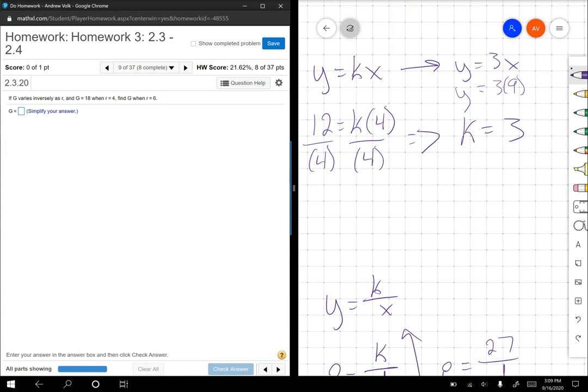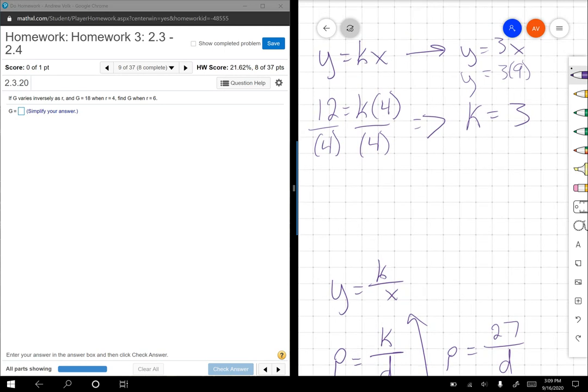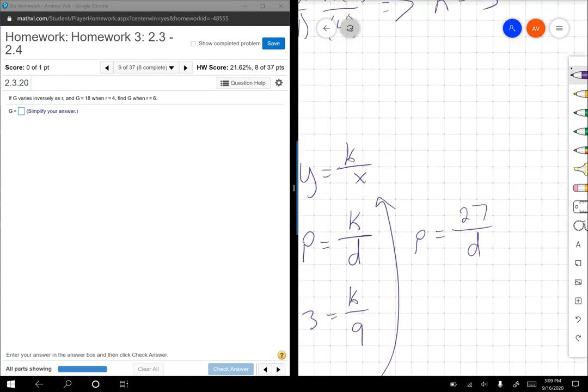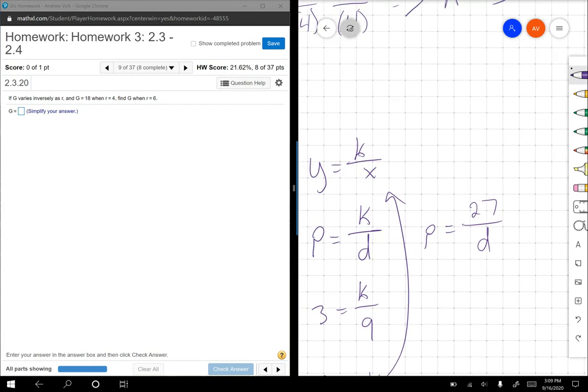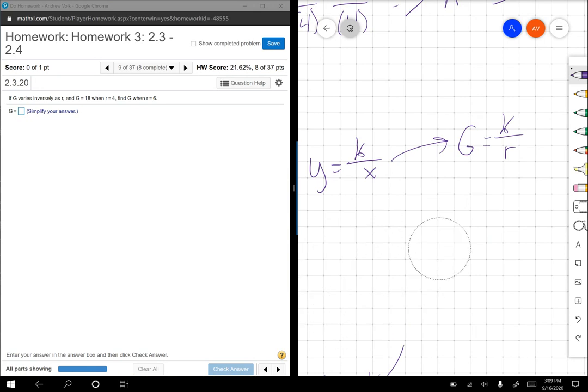All right, g varies inversely with r. Inversely means we're going to have it on the bottom. So instead of just having y and x, we're going to say g varies inversely with r. And then they give us some stuff to work with. They give us a G of 18, and they give us an R of 4.